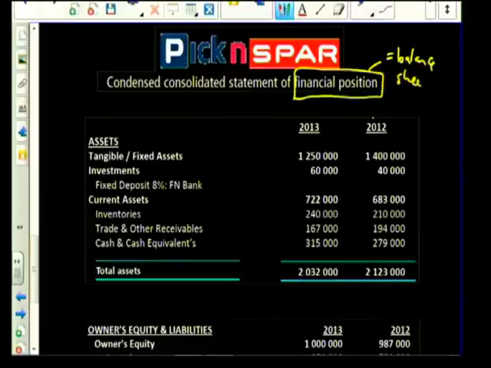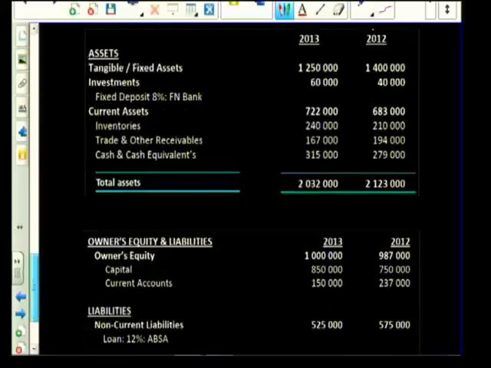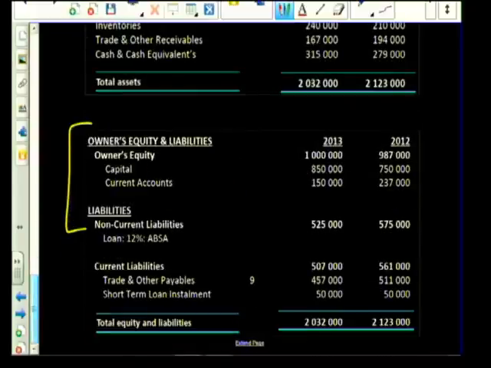Most textbooks, usually when they are discussing a balance sheet, say that a balance sheet shows you like a snapshot or a photograph of your business on a particular day, and it explains the financial position of that business. And we've got here our section on assets, and we've got our section on owner's equity and liabilities. So really, we've got our two important financial statements that we need to analyze, and it looks like we've got most of the information necessary to calculate all the ratios that they can ask us.